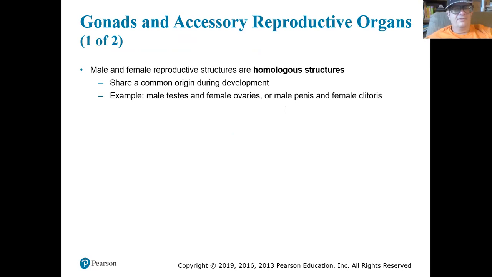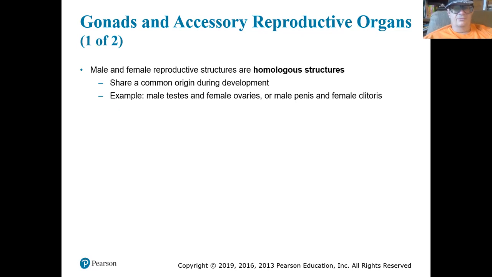All right, so male and female structures are homologous. They're similar, they're derived from the same thing, but they differentiate during development. So where I say they're derived from the same thing, they have a common origin in development. So male testes, female ovaries, those are both gonads.